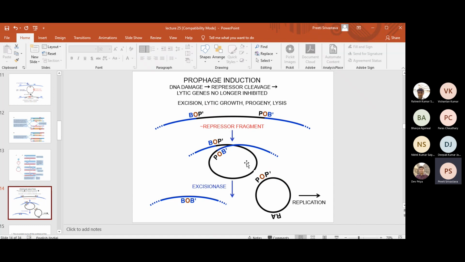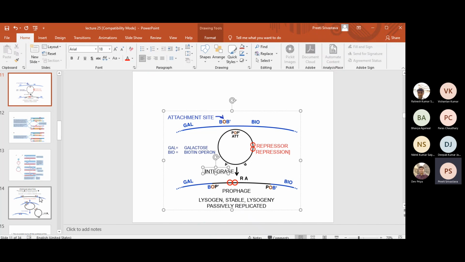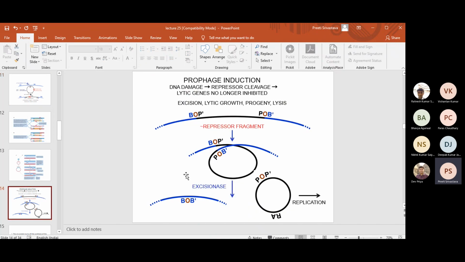So what will happen is it will now recombine, it will now loop out like this with the help of the enzyme called excisionase. For integration, the enzyme is called integrase. For excision, the enzyme is called excisionase.